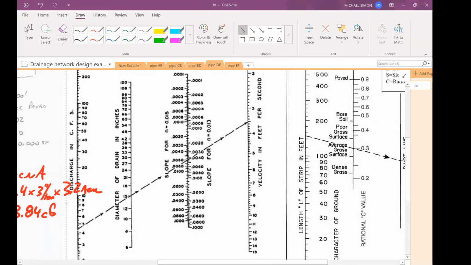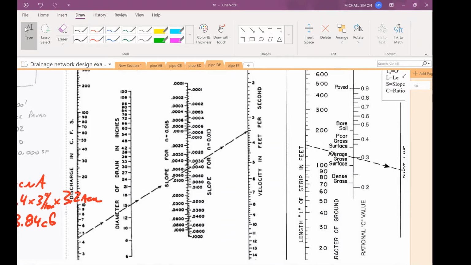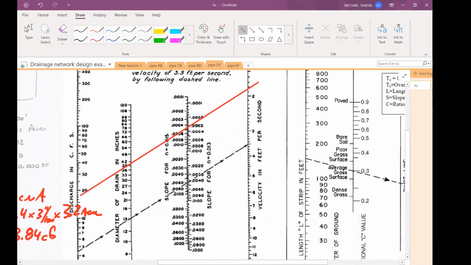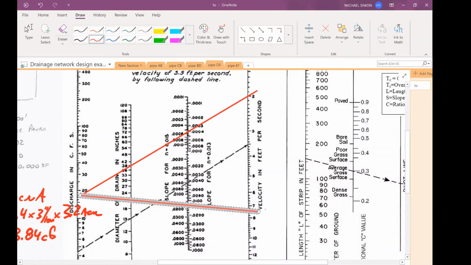So when you're given an unlimited number of options, let me just show you where you have to be. If you chose a diameter anywhere between there and there, I'll refine this just a little bit.